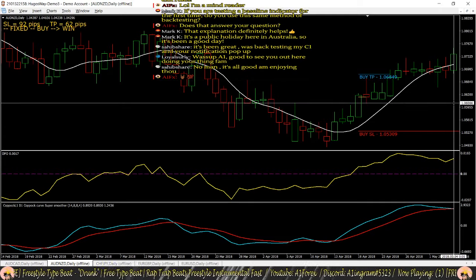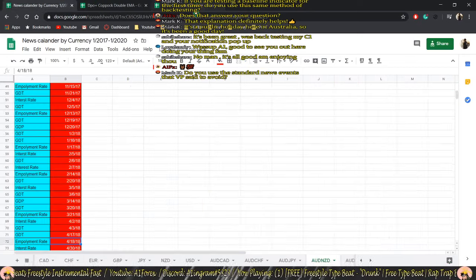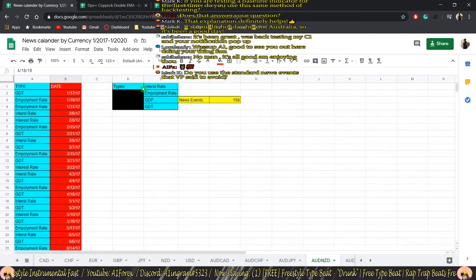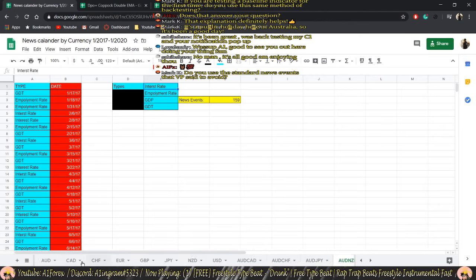Alright, that is a baseline entry. So Mark K asked, do you have the standard news events that VP said to avoid? Yes, I do. So for each pair, it has the cross references. So AUD/NZD, it has D4.